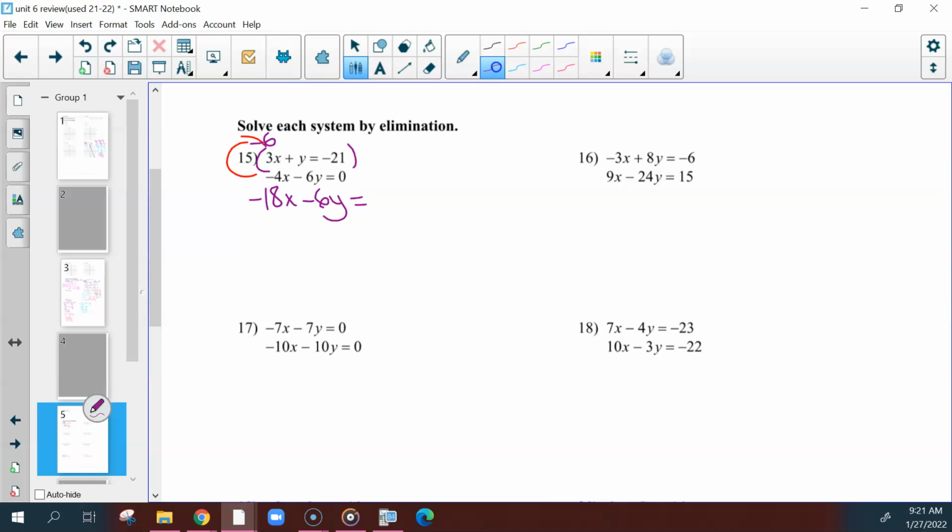Positive or negative? Yes. Okay. And then to eliminate our y's, would we add or subtract? Subtract. They're the same whether they're positive or negative. We are subtracting.